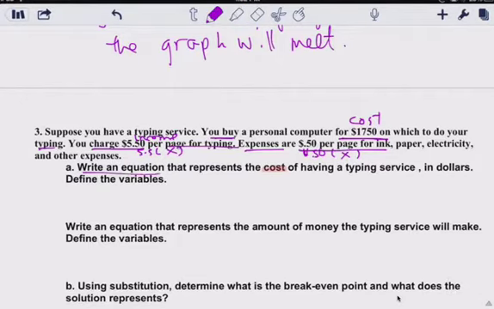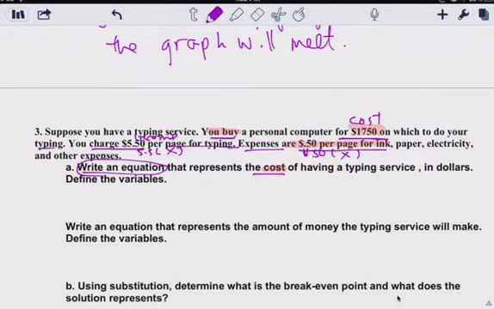Okay, write an equation that represents the cost of having a typing service. So cost. You have to buy your computer, and your expense also is 50 cents per page in ink, paper, and electricity.